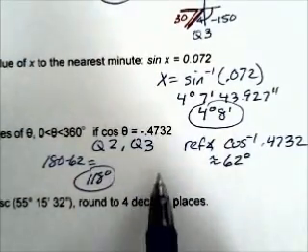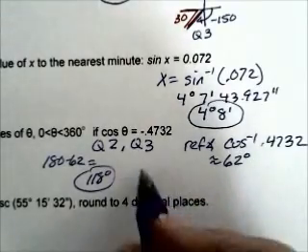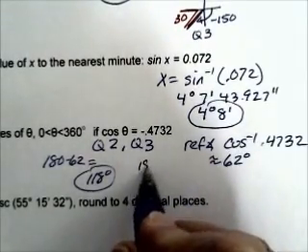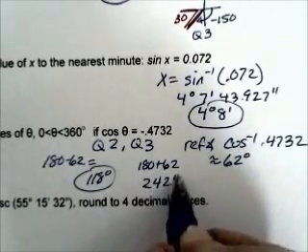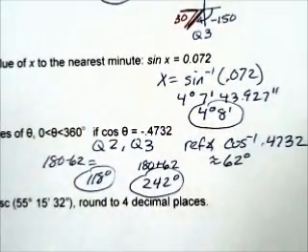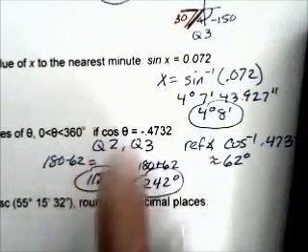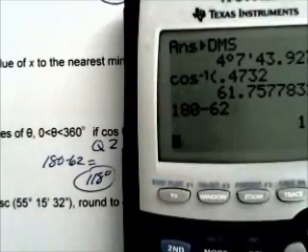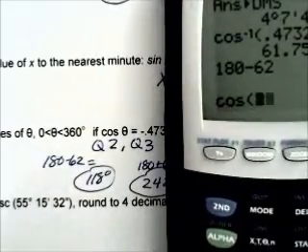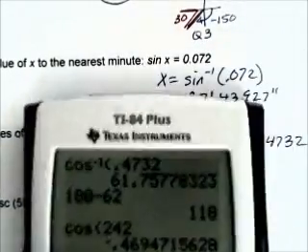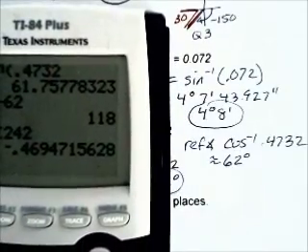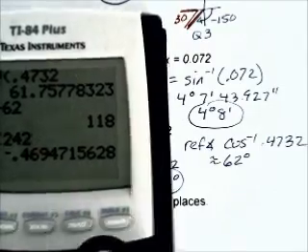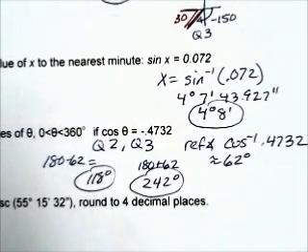And then quadrant 3, a reference angle of 62 shares the same terminal side as 180 plus 62, which is 242. And if I check the cosine of 242, one of my angles here, I get negative 0.46947. It's close to negative 0.4732.